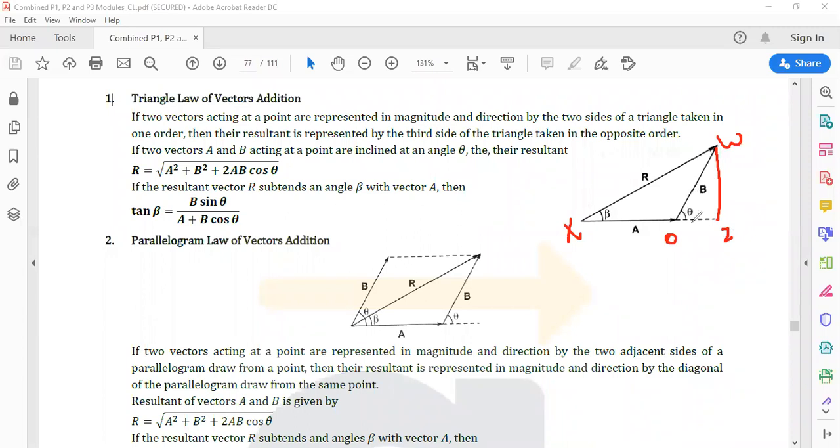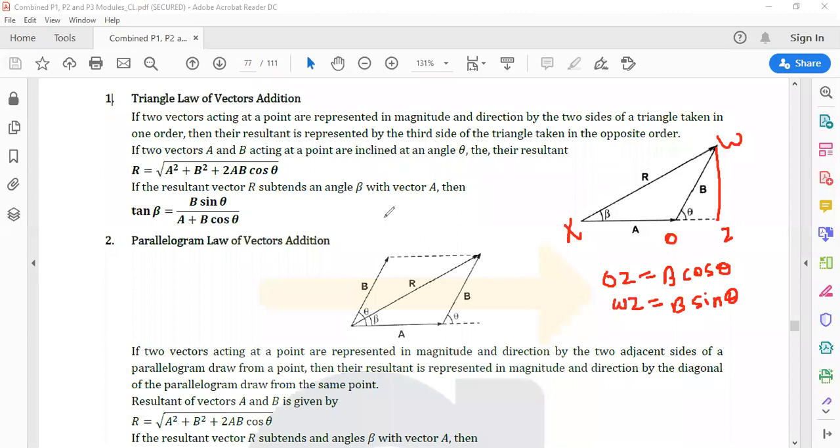Now this is B. If the hypotenuse of WOZ is B, then OZ is hypotenuse times cos theta, so it will be B cos theta, and WZ is B sin theta. How many of you remember this? Just raise your hand. OZ is B cos theta and WZ is B sin theta.